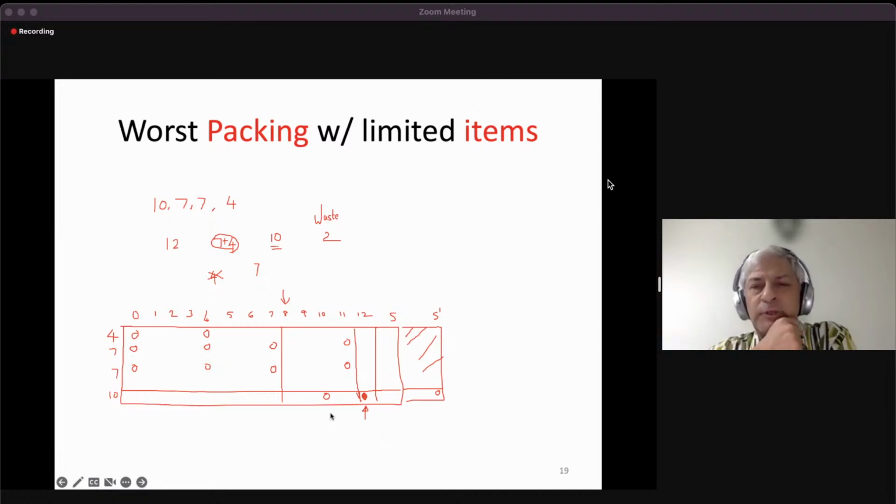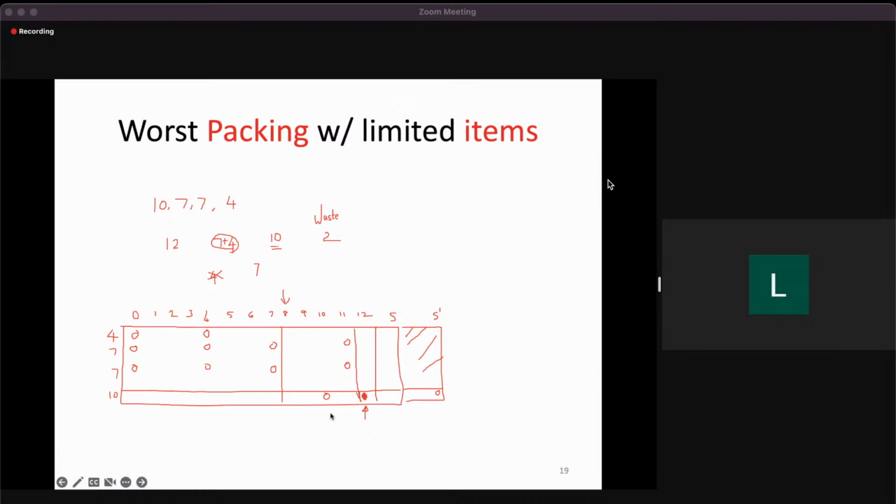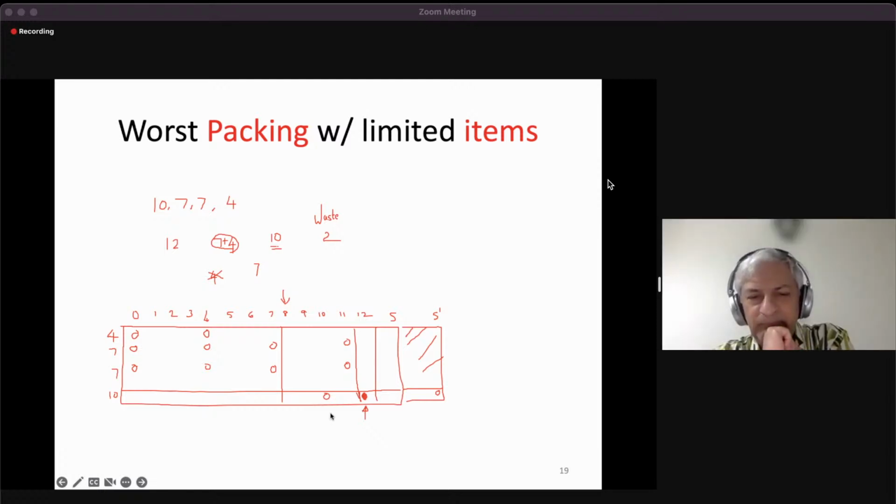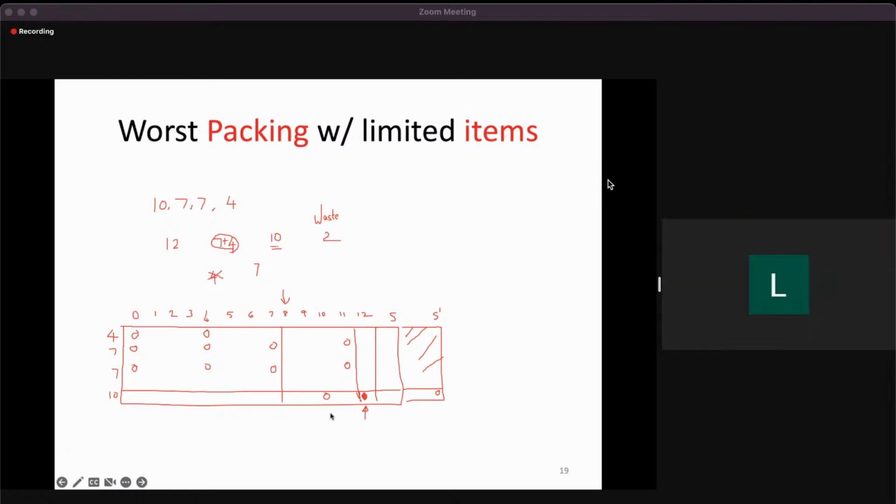Any other thoughts? What we're trying to figure out is which is the first number with the largest distance from 12? You could say that, yeah. I mean, we could start from 12 and then work backwards to the first zero, but that could be a lot.